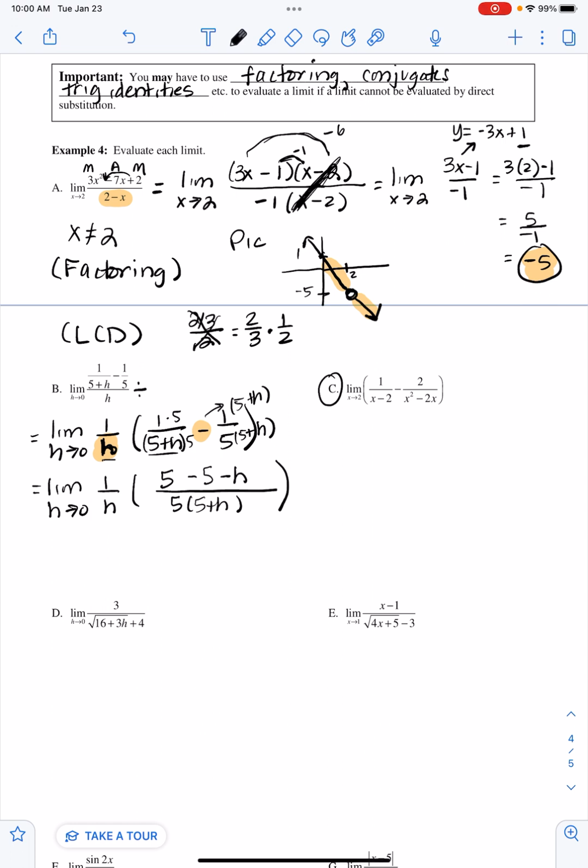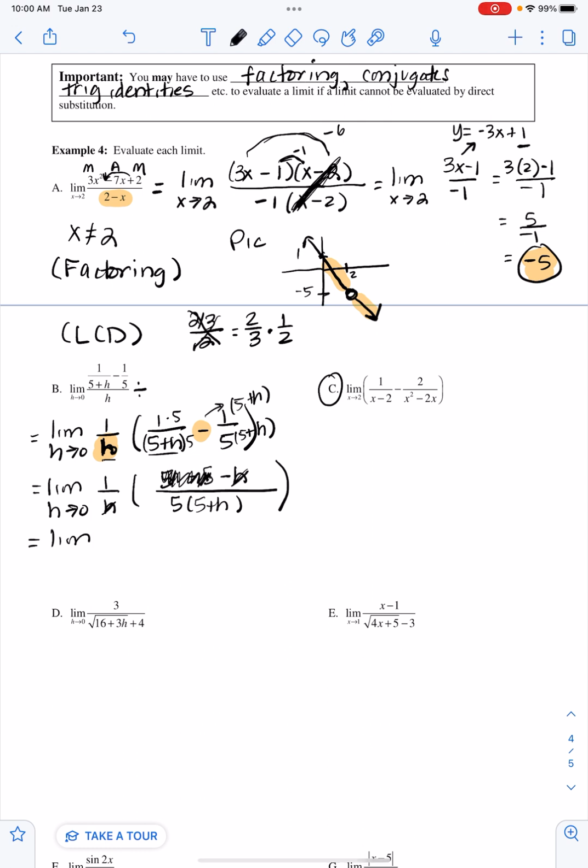Okay, so the good news is here, these 5s are going to cancel out because that's 0. And then the next piece of best news is our goal was to try to get rid of this h. And we can now that the 5s are gone. So this cancels into -1, right? The h's will go away.